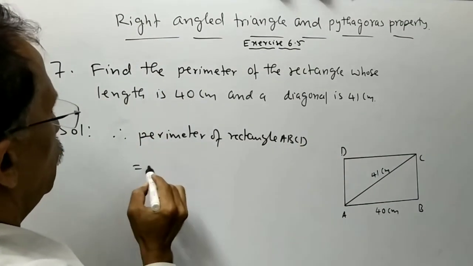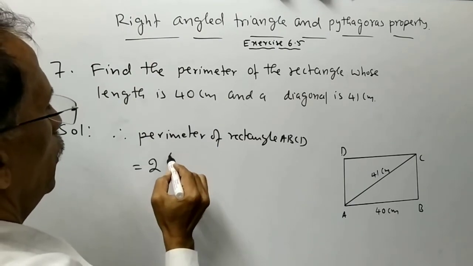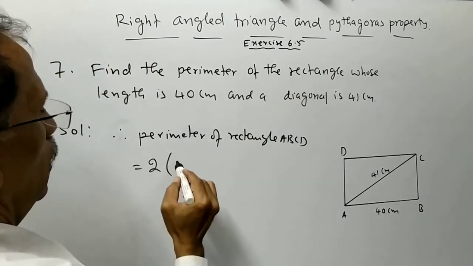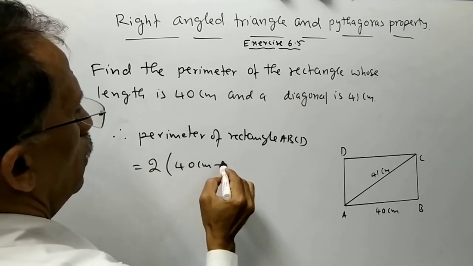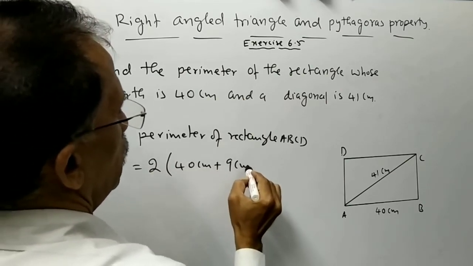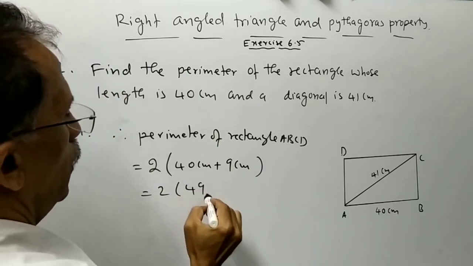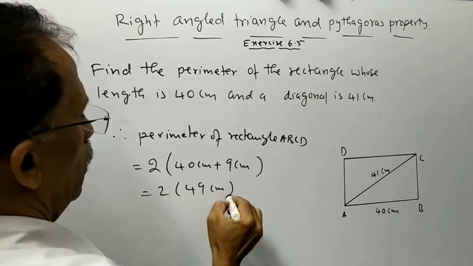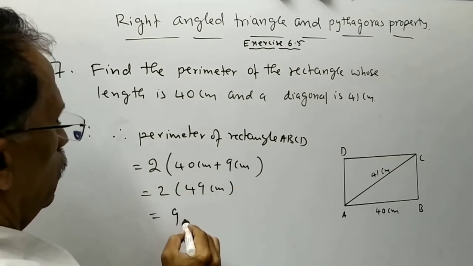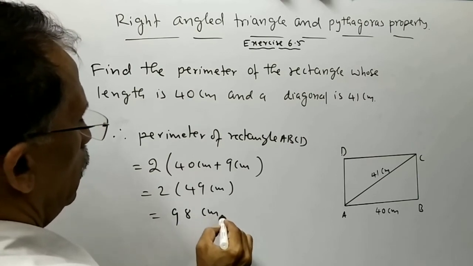Therefore, perimeter of rectangle ABCD is equal to 2 into length, that is 40 centimeter, plus breadth 9 centimeter, is equal to 2 into 49 centimeter is equal to 98 centimeter.